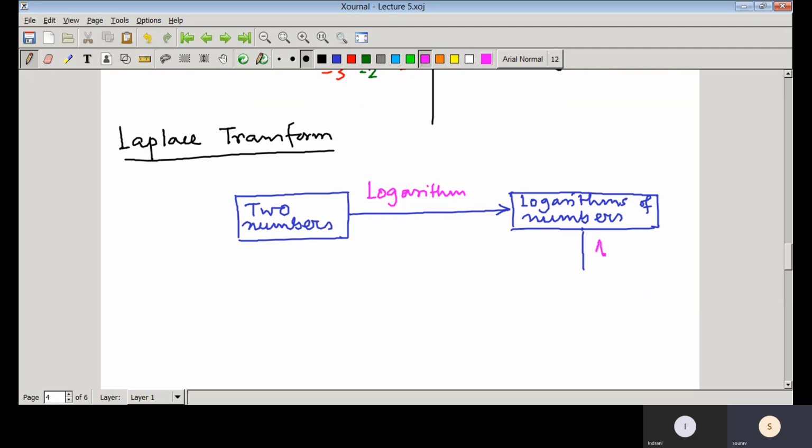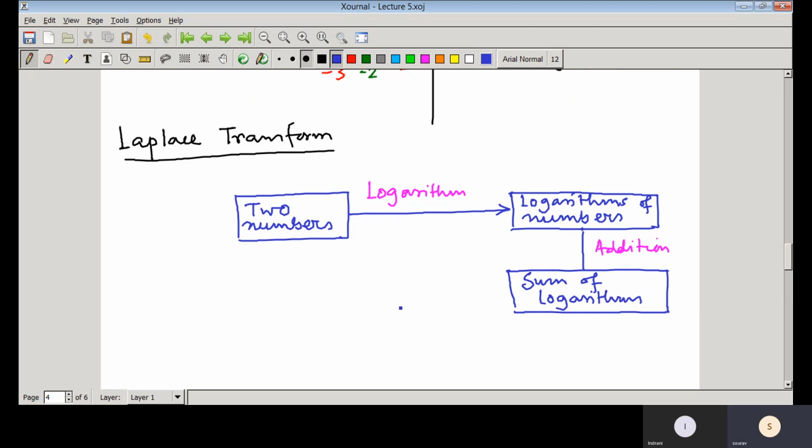So this is actually that addition, and what you get here is the sum of logarithms.